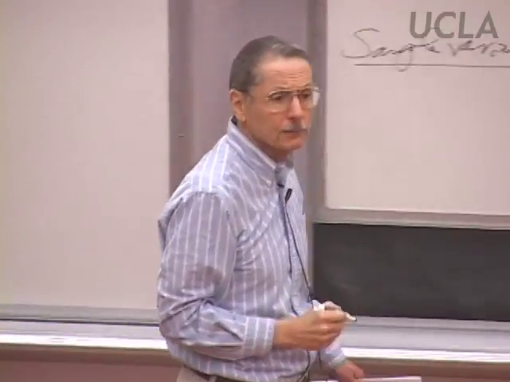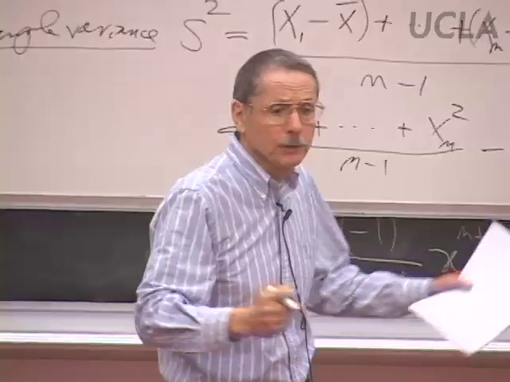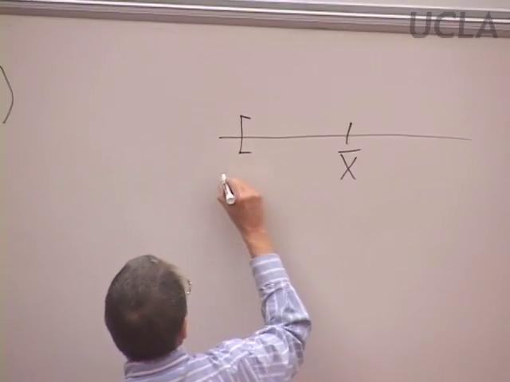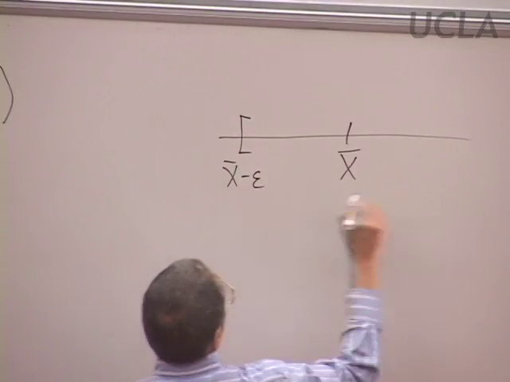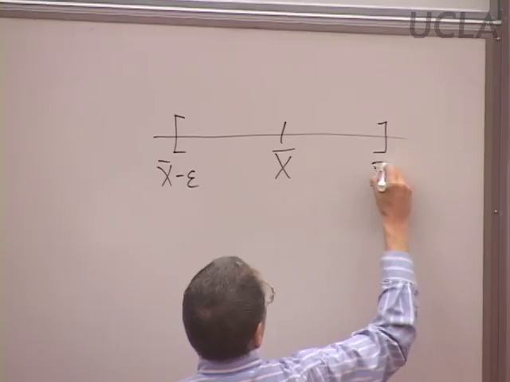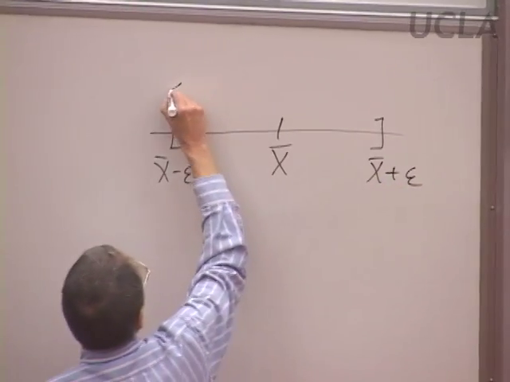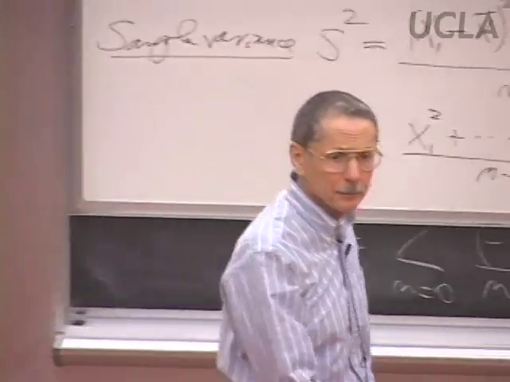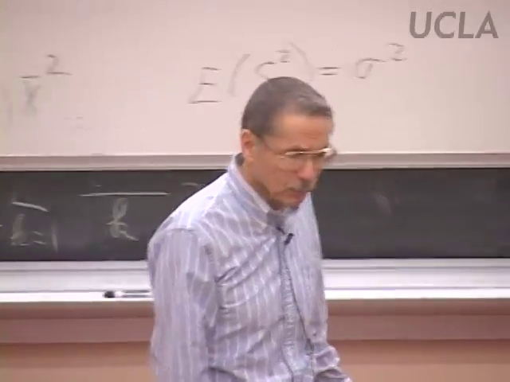So we're taking an interval of length 2 epsilon centered at the sample mean, from x bar minus epsilon up to x bar plus epsilon. It's 2 epsilon long. And we want the probability that the mean is in there somewhere.